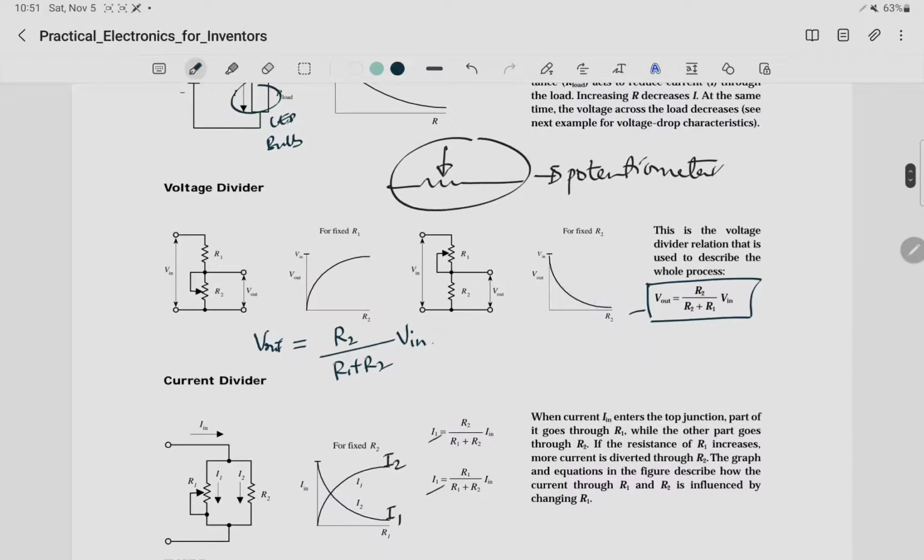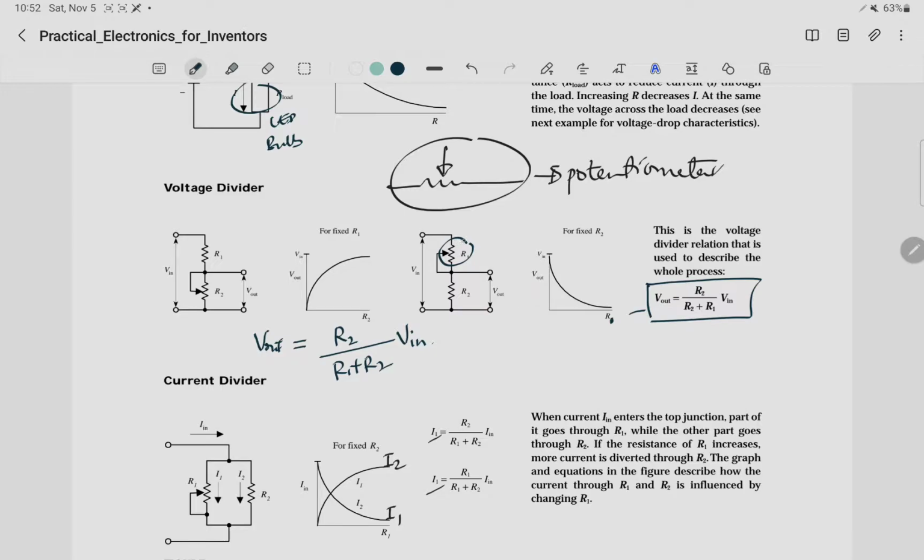So when you look at this, for this case we have R1 here. If we're finding the V out, for this case you find that as you increase R2, our V out is decreasing. This is supposed to be actually R1, because R1 is our variable resistance. So as you're increasing R1, our V out is decreasing.